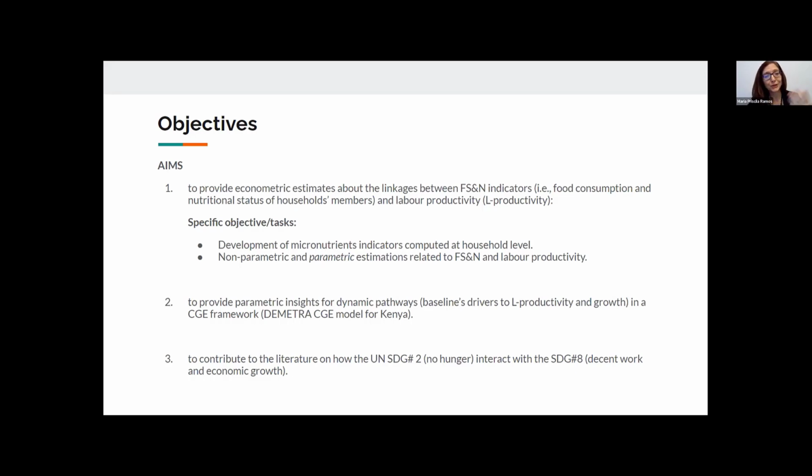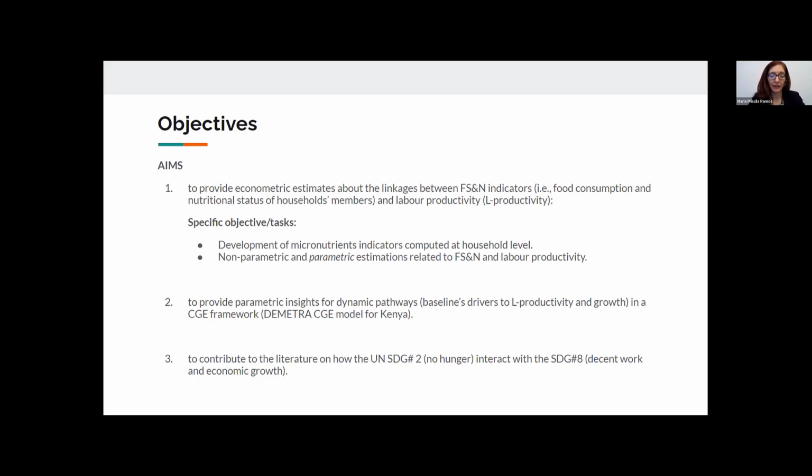Next, or future, steps and aims of this project are to provide, from this estimation, insight for the dynamic pathway to improve baseline drivers in the CGE framework, in this particular case, in the Demetra CGE model for Kenya, which is a model managed by the JRC in Seville.